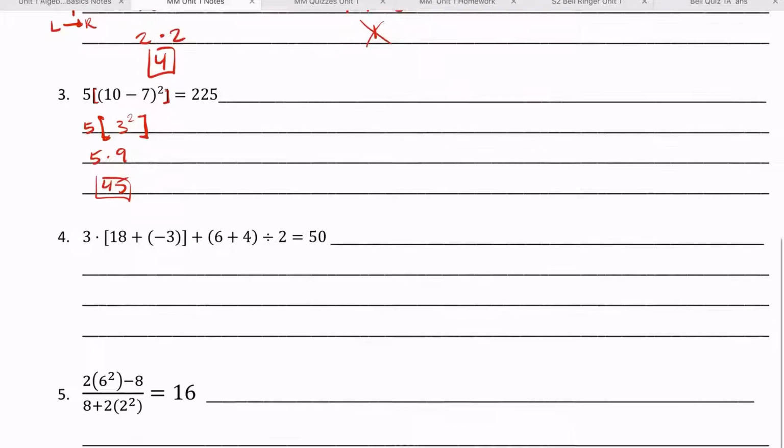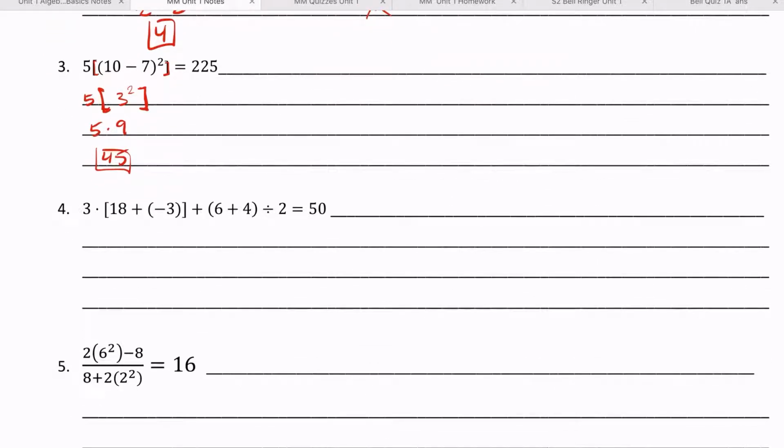Okay, next, parentheses. Here's our first parenthesis. Let's evaluate that. We'll have 3 times 18 minus 3, which gives us 15. And then we have another parenthesis right here. 6 plus 4 is 10, divided by 2.